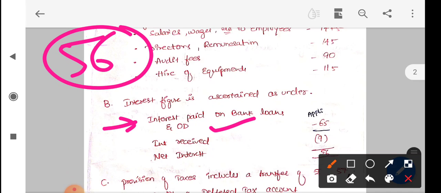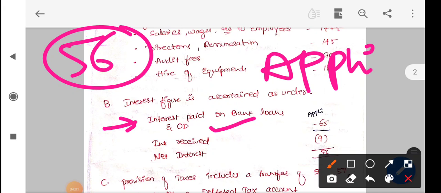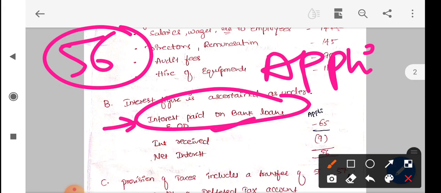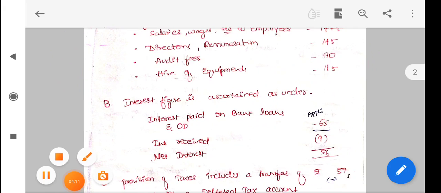The interest paid on bank loans and overdraft amount is 65. This will come in application, as I have mentioned the bank loan, so we have to show it in the application to pay for the providers of capital. So 65 will come in application. Next we have interest received. The interest received amount here is 9.